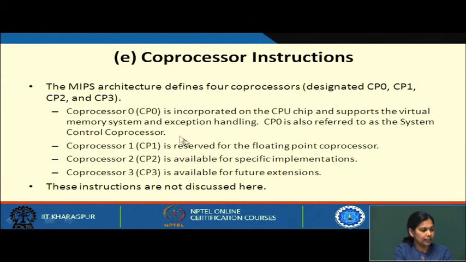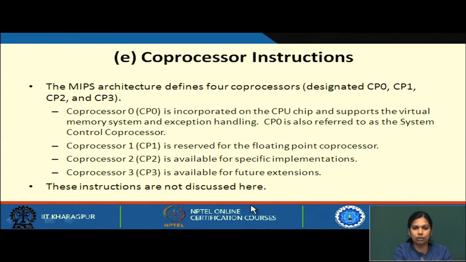Now, there are these 4 coprocessors. They may not all be used, but coprocessor 1 is reserved for the floating point coprocessor. Coprocessor 2 is available for specific implementations, and coprocessor 3 can be used for future extension.